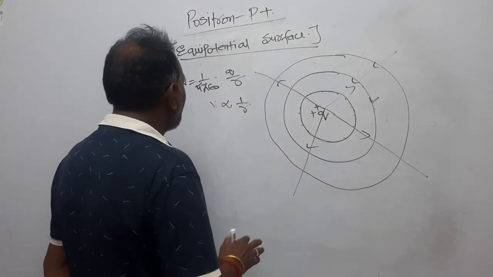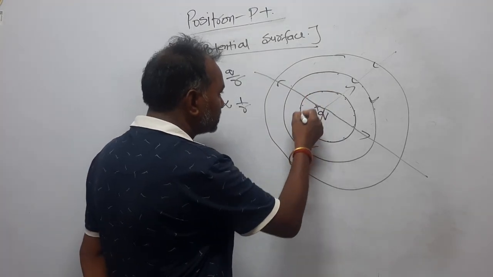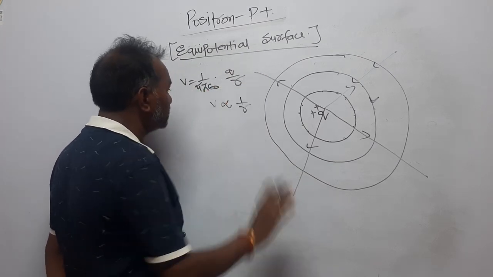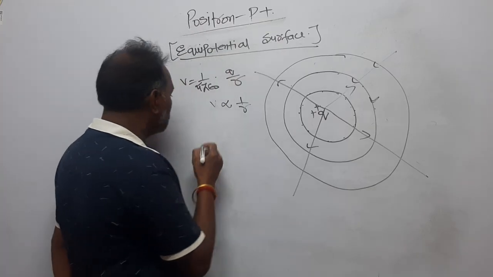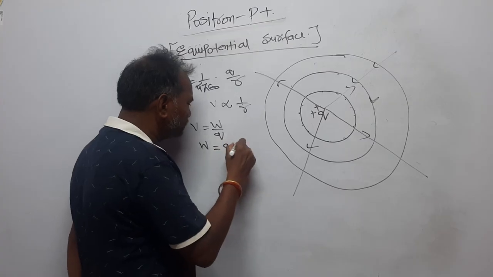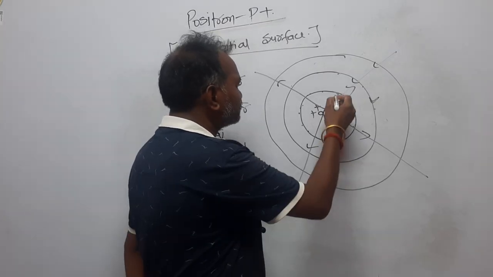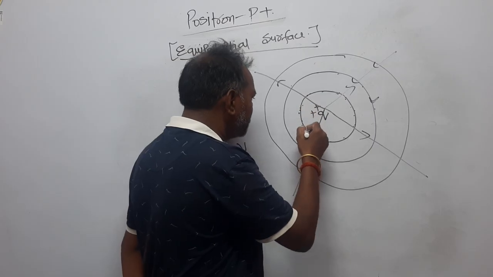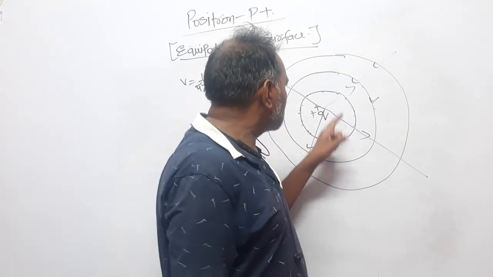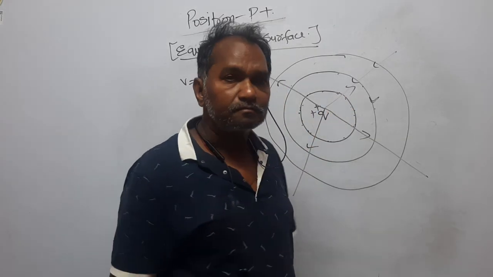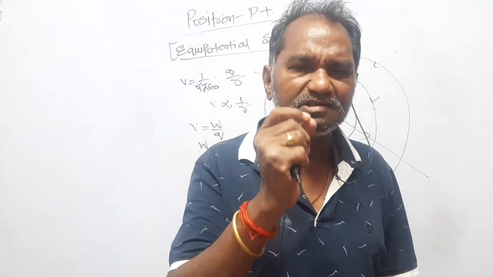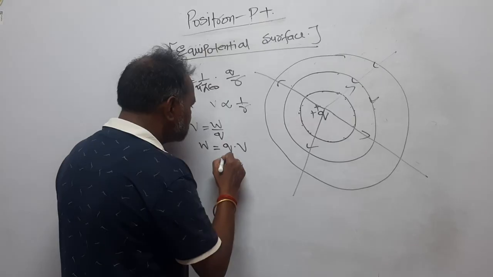Look here again, the potential at each point of the surface of the sphere is V equal to 1 upon 4 pi epsilon naught Q by R. And V is equal to W upon Q, or W is equal to Q into V. If any 2 points are considered on the same equipotential surface, on the same sphere, then these 2 points have equal potential, meaning the potential difference is 0.